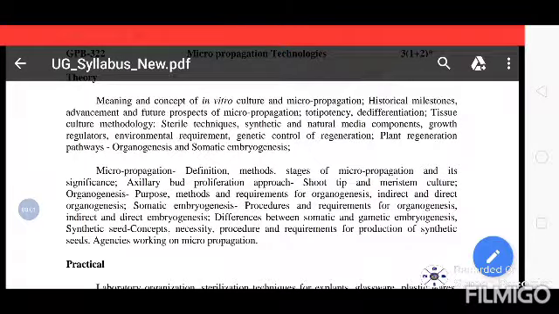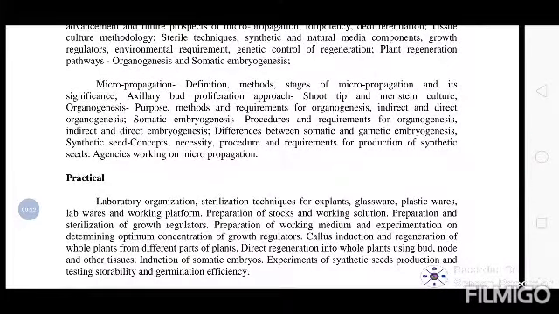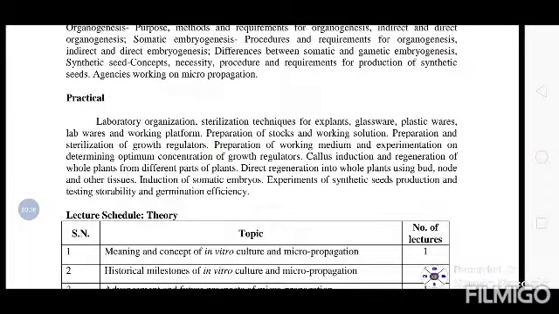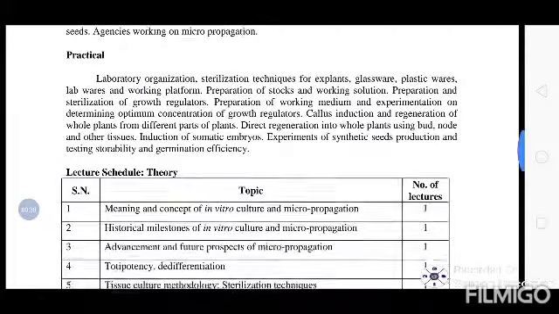Micropropagation, its definition, methods, stages of micropropagation and its significance, axillary bud proliferation approaches like shoot tip and meristem culture, organogenesis, its purpose, methods, requirements, indirect and direct organogenesis, somatic embryogenesis, procedure and requirements, indirect and direct embryogenesis, difference between somatic and gametic embryogenesis, synthetic seed concepts, necessary procedure and requirements for production of synthetic seeds, agencies working on micropropagation.